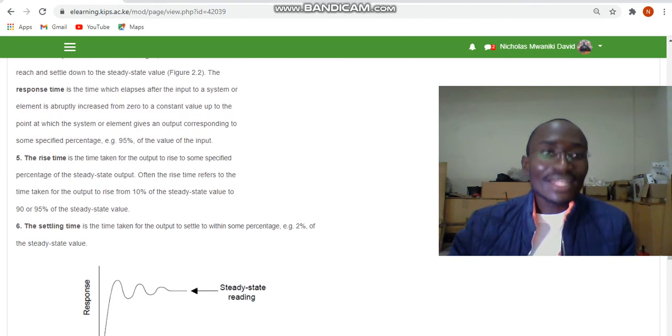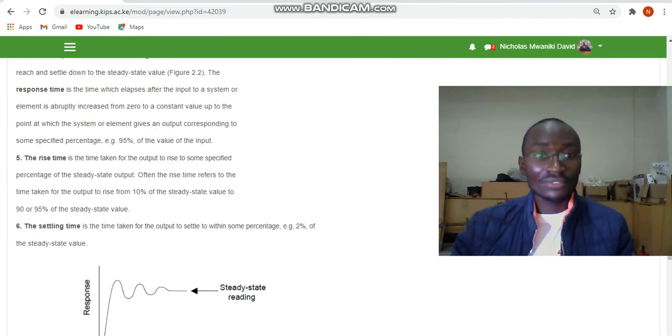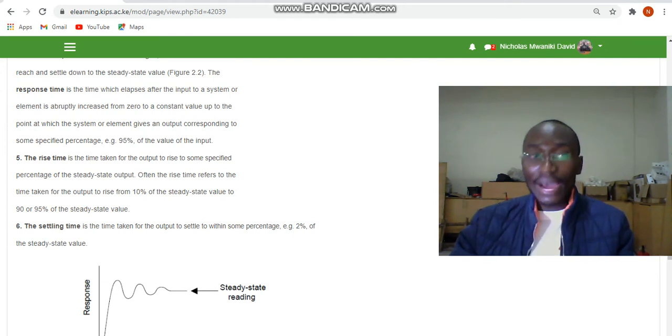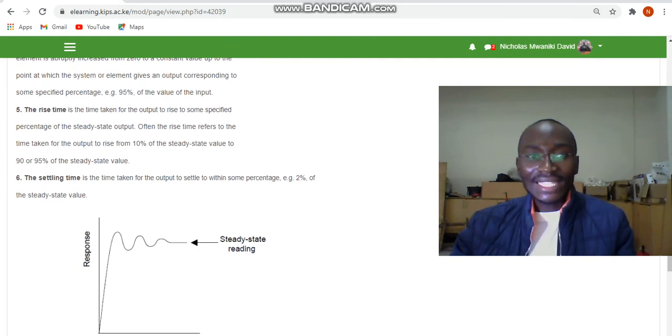The other one is the rise time, which is the time taken for the output to rise to some specified percentage of the steady state output. Let's look at settling time.